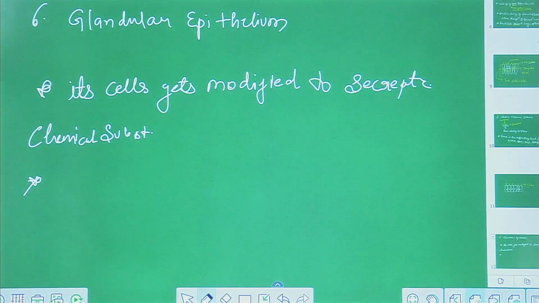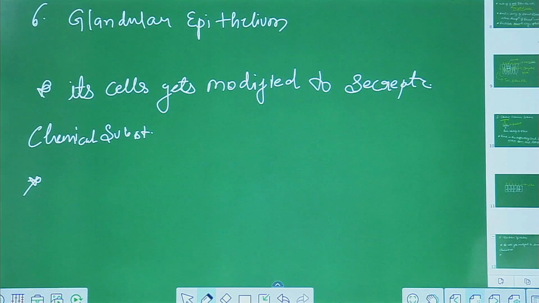So and how, जब epithelial tissue folds होता है inward and it results in the formation of some multicellular glands.